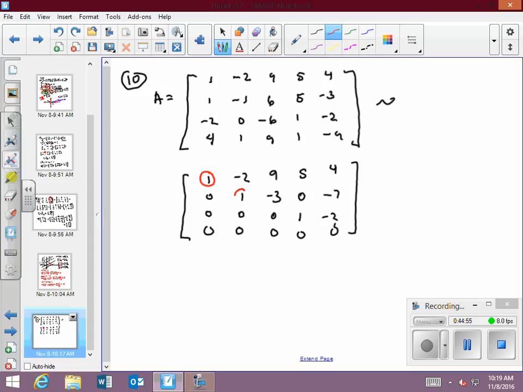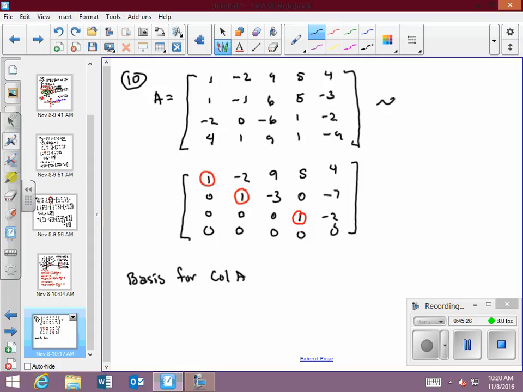That's a pivot, this is a pivot, and that's a pivot. And then they want the basis for that column A. This is just one of the bases for column A, but you use this because it's convenient.